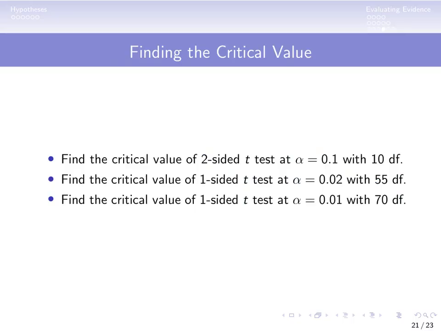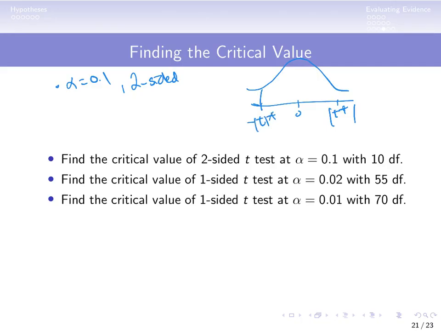Okay, some exercises. Find the critical value of a two-sided test, alpha equals 0.1 with 10 degrees of freedom. With the first example, two-sided test with alpha equals 0.1, if you were to sketch the bell shape, each tail area would now be 0.05 because we have to split 0.1 into 2.